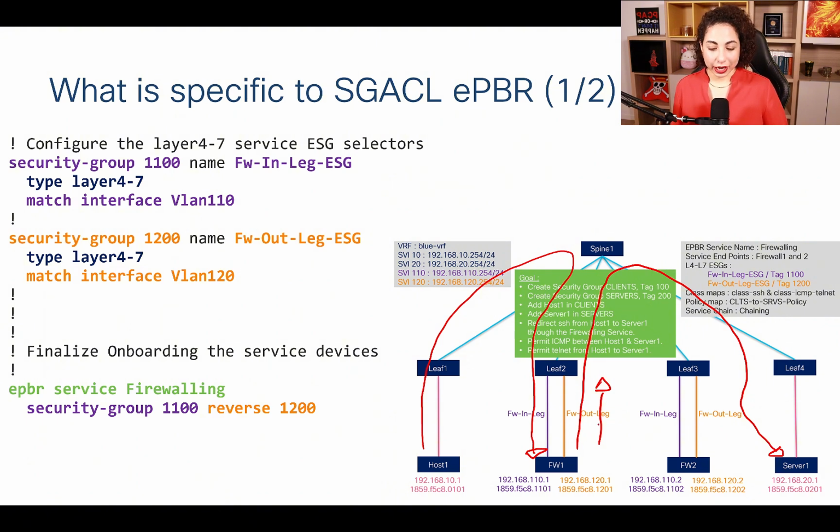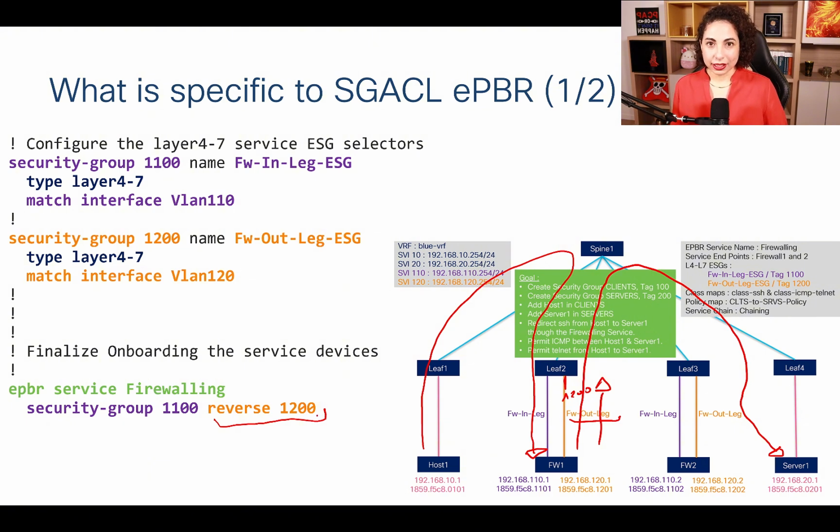The orange leg, right? So the firewall out leg. So in which group are we being classified? In the group of the firewall out leg, so the group 1200. So even though it's the one that we are mentioning here being reverse, it is still the one that we will be using for classification for the forward traffic.